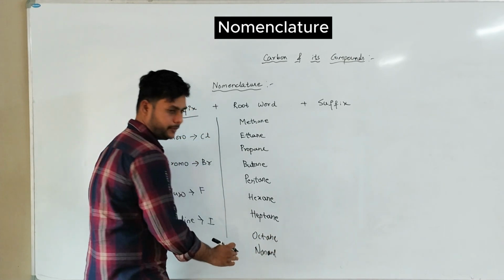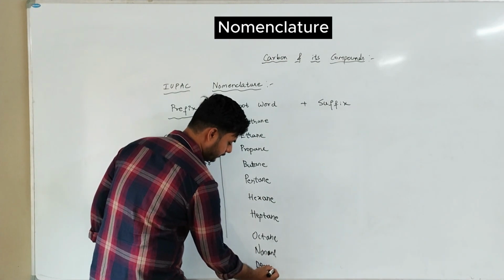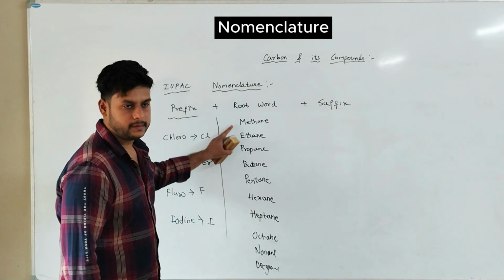Some people will read nonane, some people will read nano. Or decane. So these are the root words.